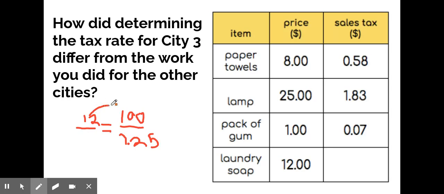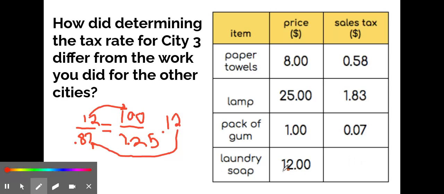We're going to do 12 divided by 100, which is 0.12. And now we're going to take 0.12 times 7.25 and you should get an amount of 87 cents. So the sales tax on this was 87 cents.